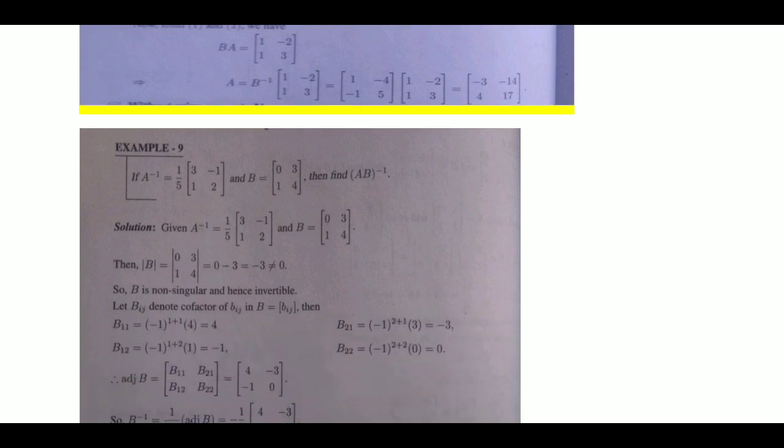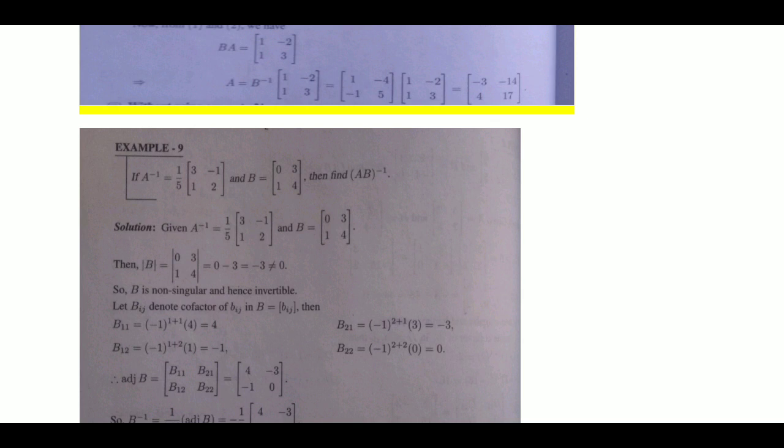Now there is another example. If A inverse is equal to 1 by 5 and a matrix is given, and B is given, you have to find AB whole inverse. But we know the formula: AB whole inverse is equal to B inverse into A inverse.